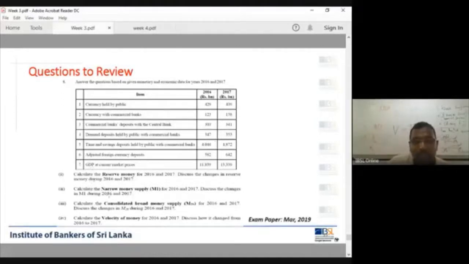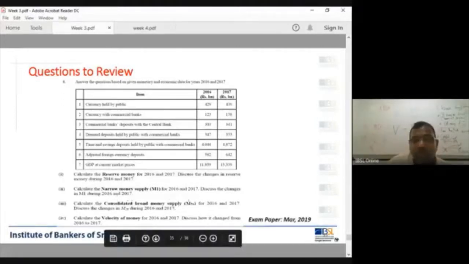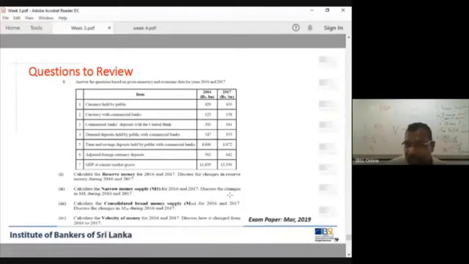Third point, consolidated broad money or M2B for those two periods. I hope you remember the formula to calculate M2 or M2B. It's very straightforward. We take M1 plus time and savings deposits of commercial banks, that is item 5. But here you should be careful.